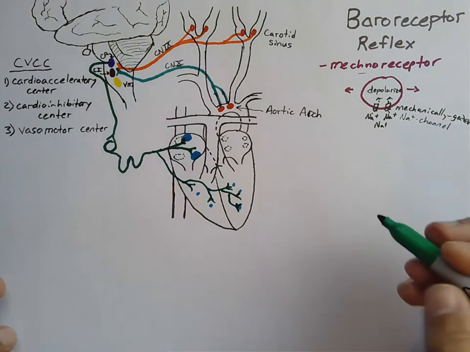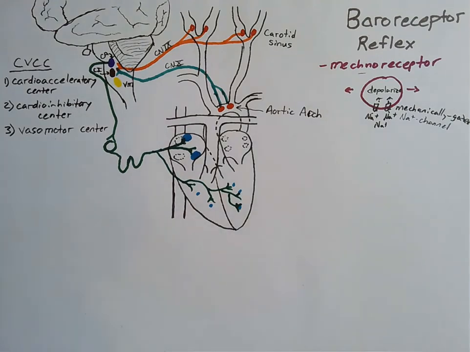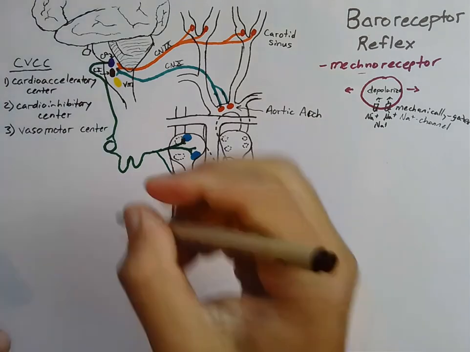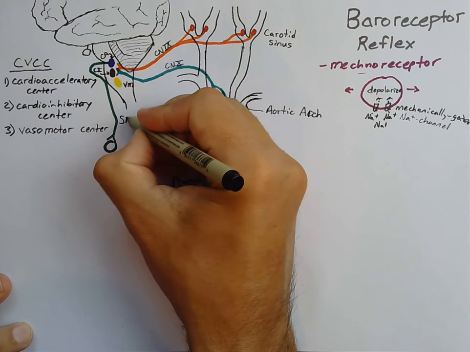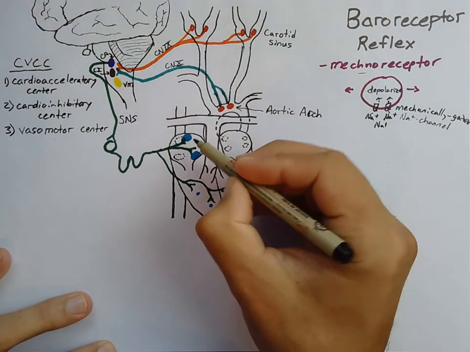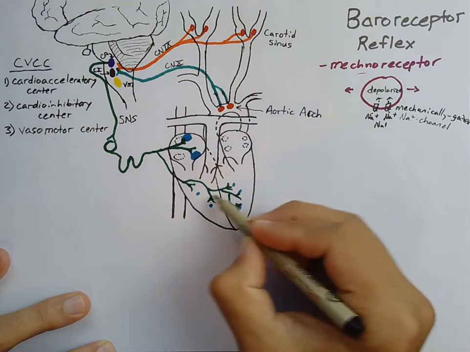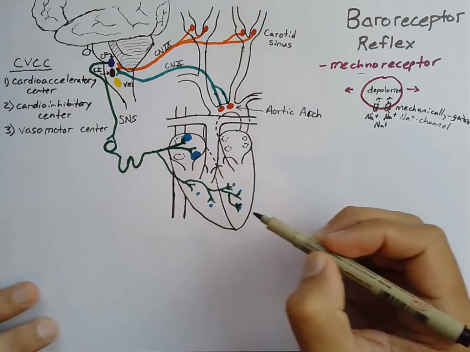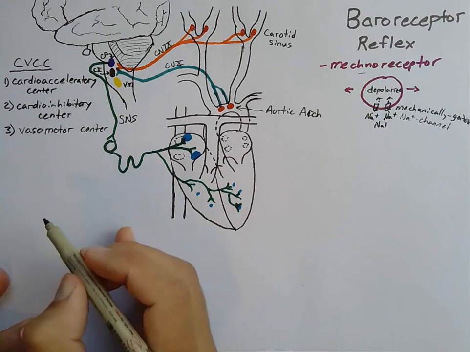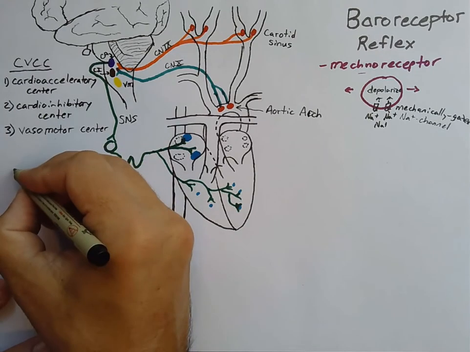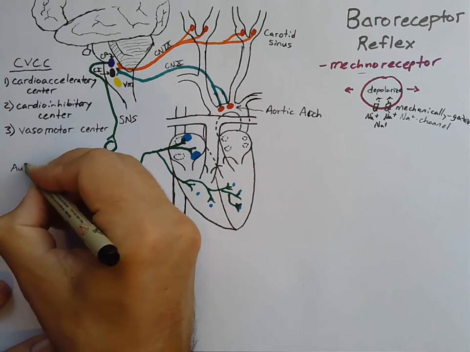This is important because now we know that the sympathetic nervous system can change the autorhythmic cells and it can change the myocardial cells. So let's look at what those can do.